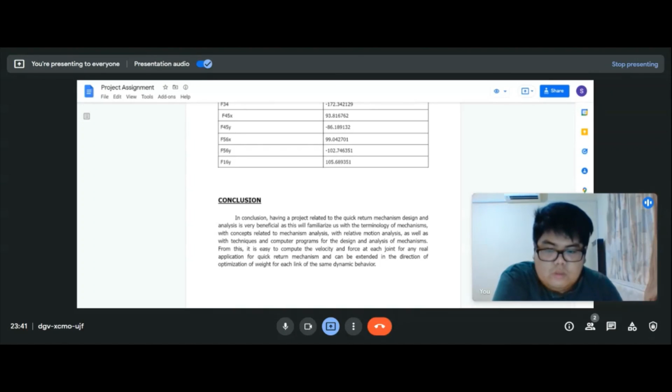So in conclusion, we also managed to design with all the equations from what we have referred to. So I'm very happy and feel it is beneficial doing this assignment, which is about quick return mechanism design, using the analysis types, where we have gone through the kinetic analysis and dynamic analysis.